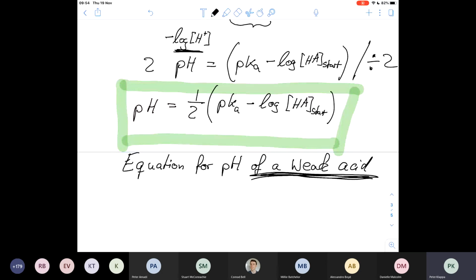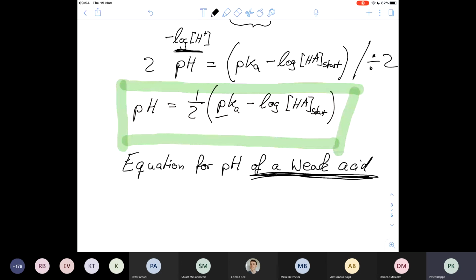And we have kept it really general. I did not specify what HA is. We just need to say a little bit about when we should use that.